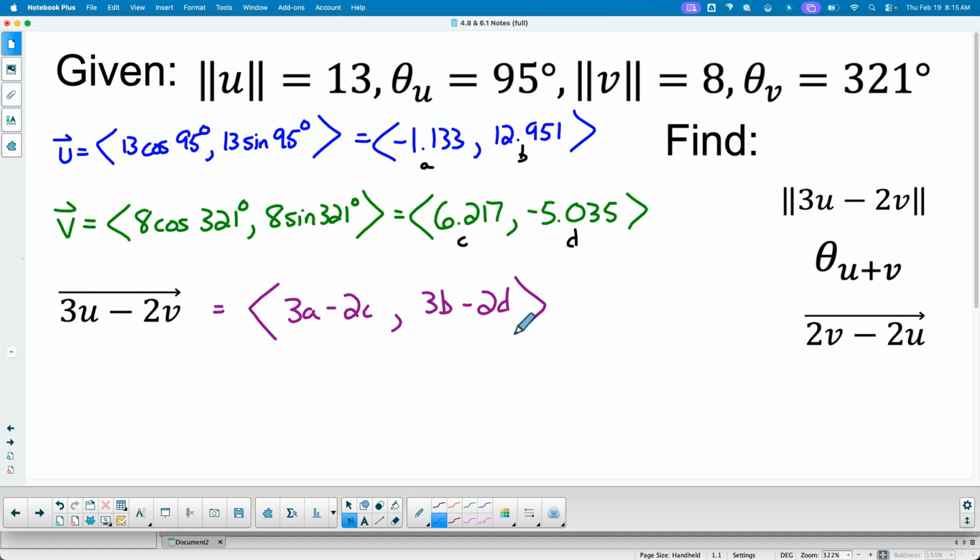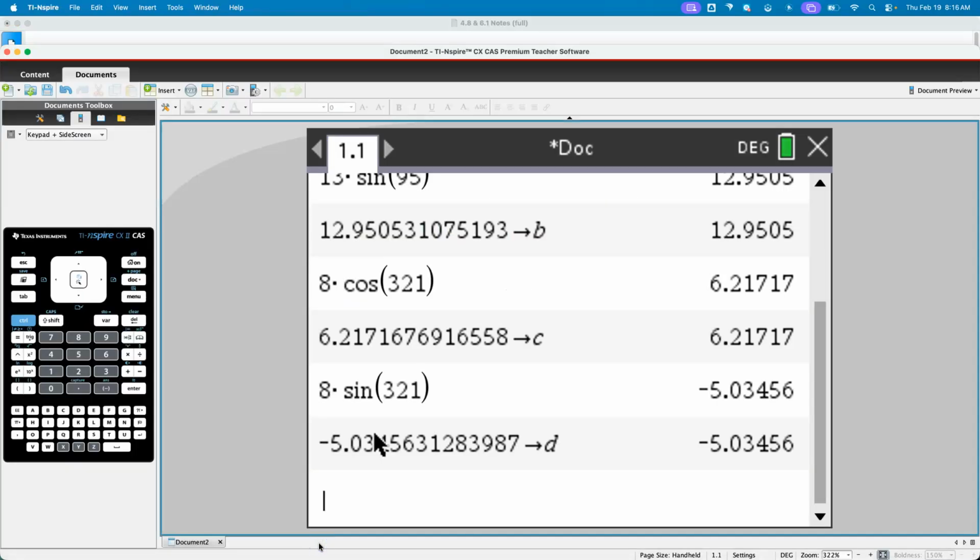With me on that? Because it's 3 times vector u, so I've got to go 3a in my horizontal and 3b in my vertical, minus 2v, so that would be minus 2c in my horizontal, minus 2d in my vertical.